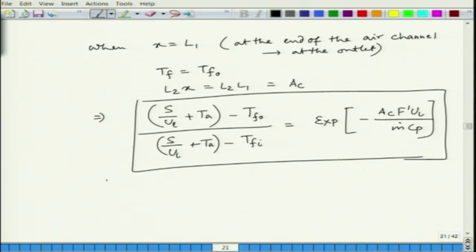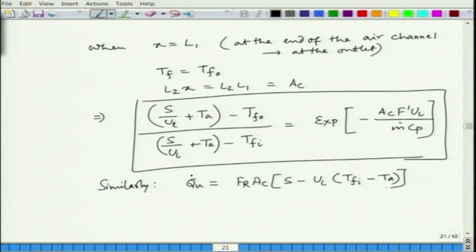Okay. So, similar way as the liquid flat plate collector, the rate of useful heat gain by the air stream will be FR AC multiplied by S minus UL (TFI minus TA).